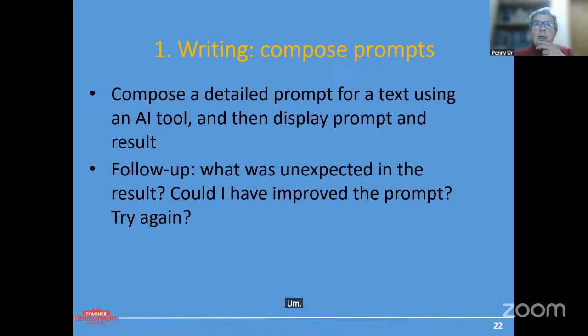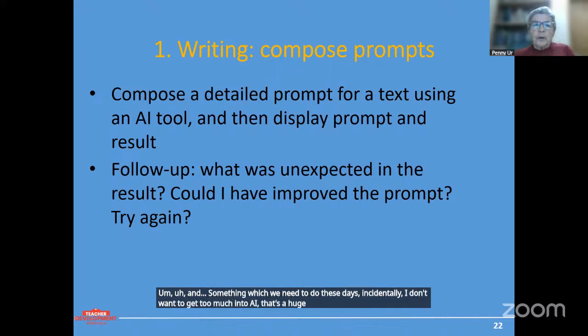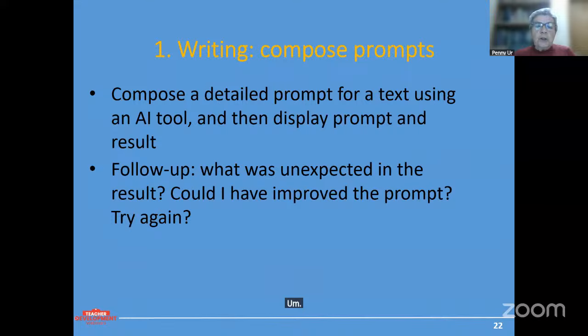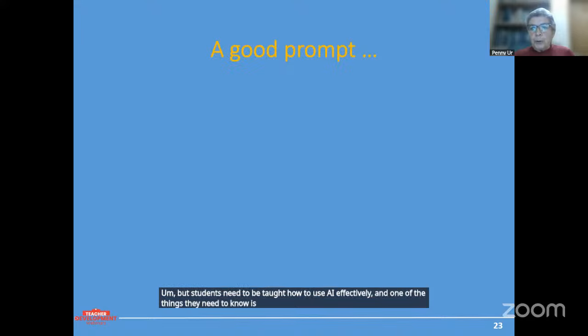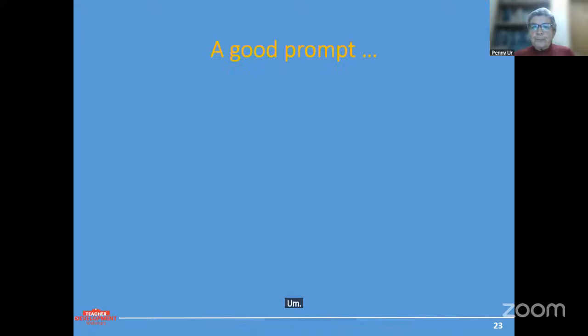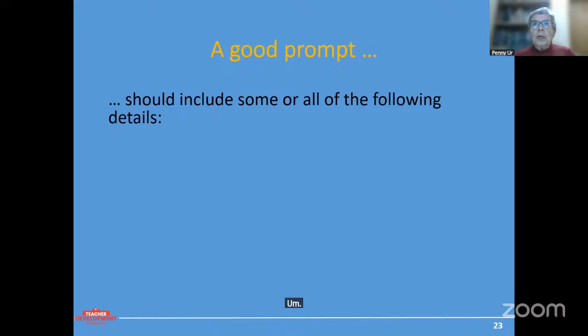And something which we need to do these days, incidentally, I don't want to get too much into AI, that's a huge subject on its own, but students need to be taught how to use AI effectively, and one of the things they need to know is how to write a good prompt. So a good prompt should include some or all of the following details.